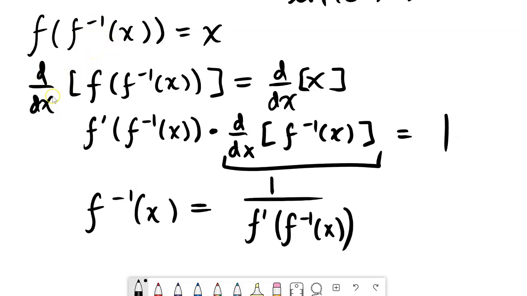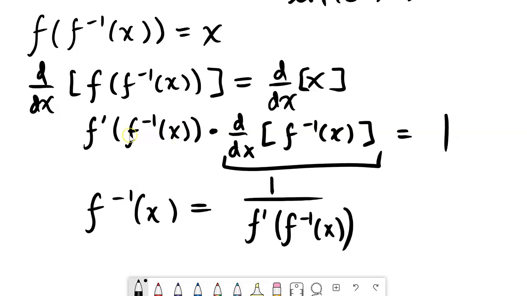So, just a quick review. We take the derivative of both sides using this property, and we just apply the chain rule, right? We should know the chain rule pretty well by now, so that it shouldn't be more difficult than the actual derivation itself.